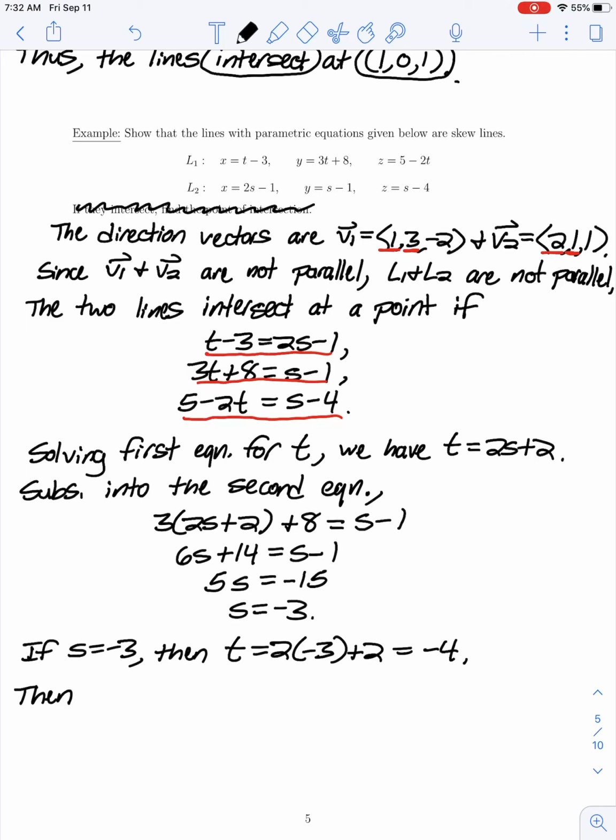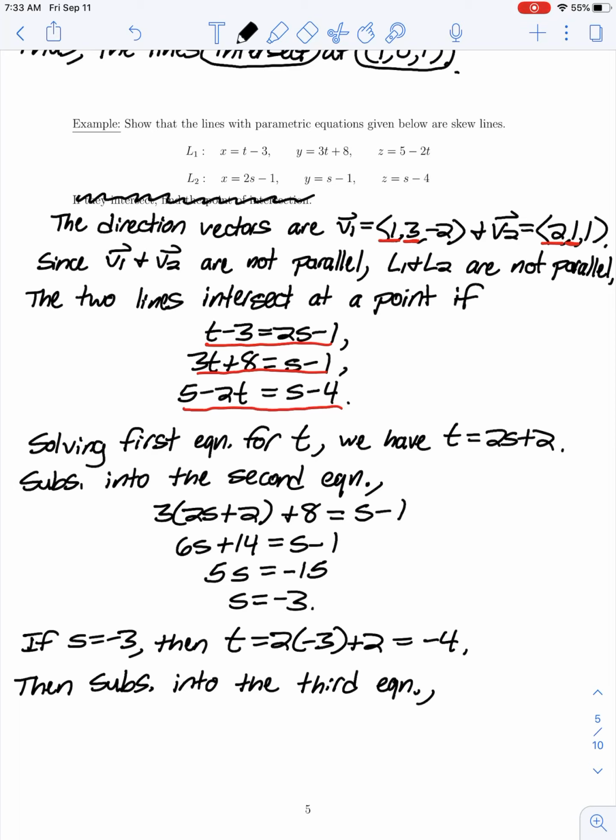Let me say then, substituting into the third equation, the left-hand side would be 5 minus 2 times t, which was negative 4, and that would have to equal s, which was negative 3, minus 4.